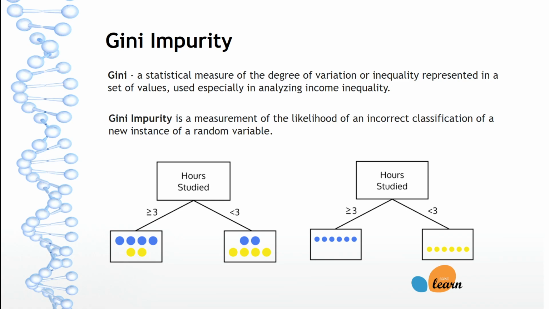Now, on the left side, you'll see a data set where it's not clearly all greater than 3 or less than 3. It's split up. You can see a couple of people were greater than 3 that did pass, and a couple of people were less than 3 that didn't pass or didn't get the A. Same thing here, the opposite.